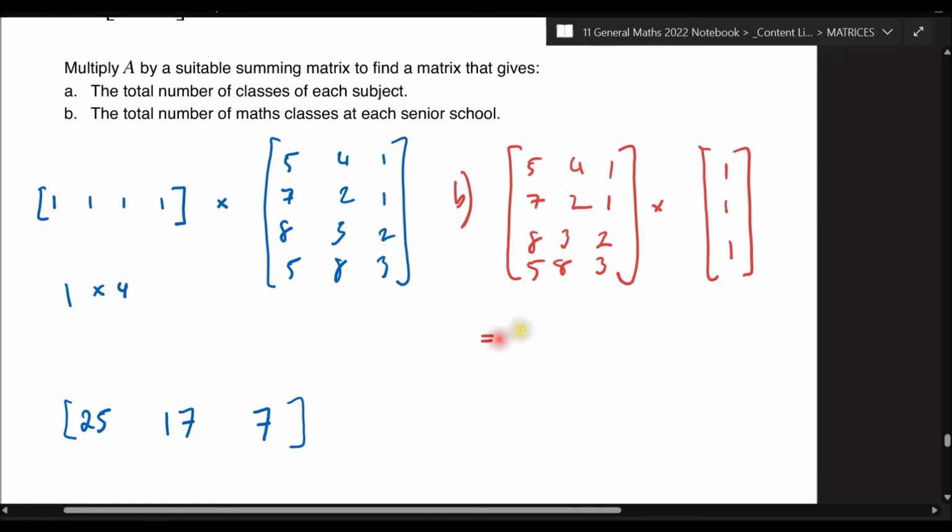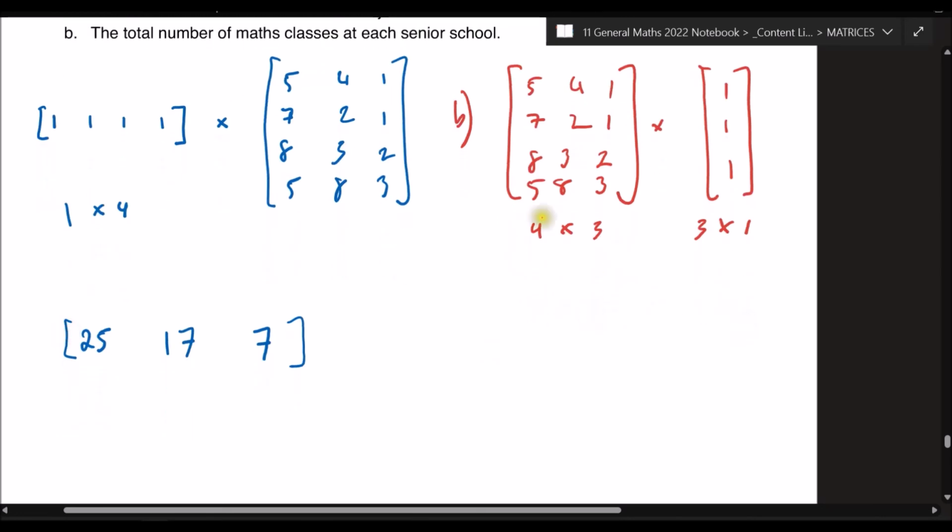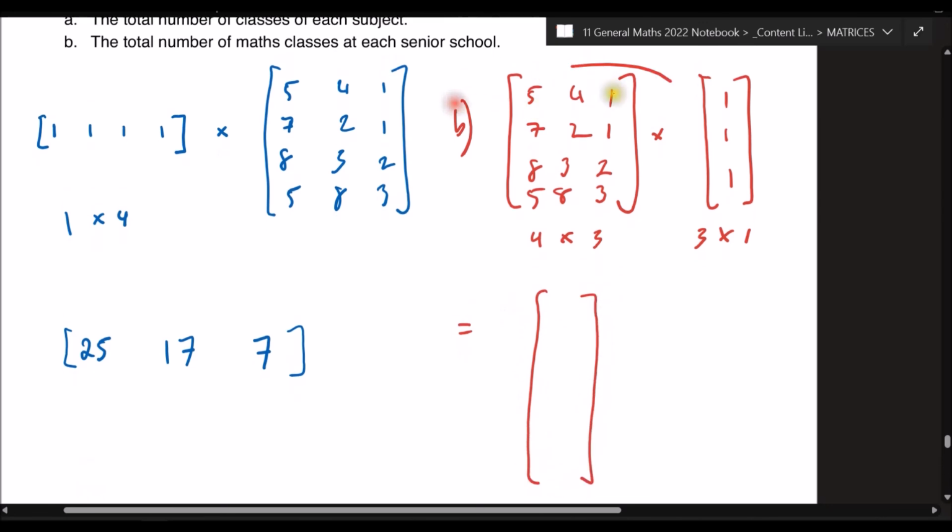And again, on the order, this is a 4 by 3, and this is a 3 by 1. So my answer is going to be some sort of 4 by 1. 4 rows, 1 column.